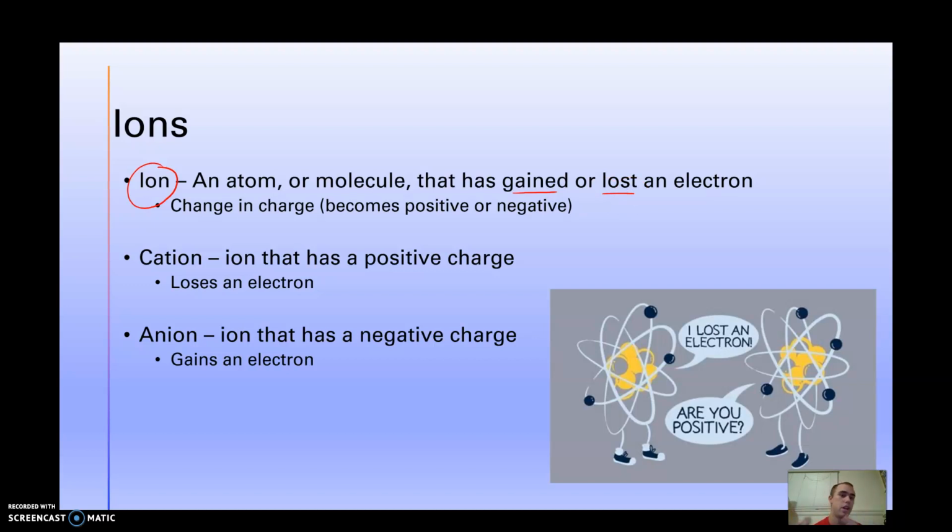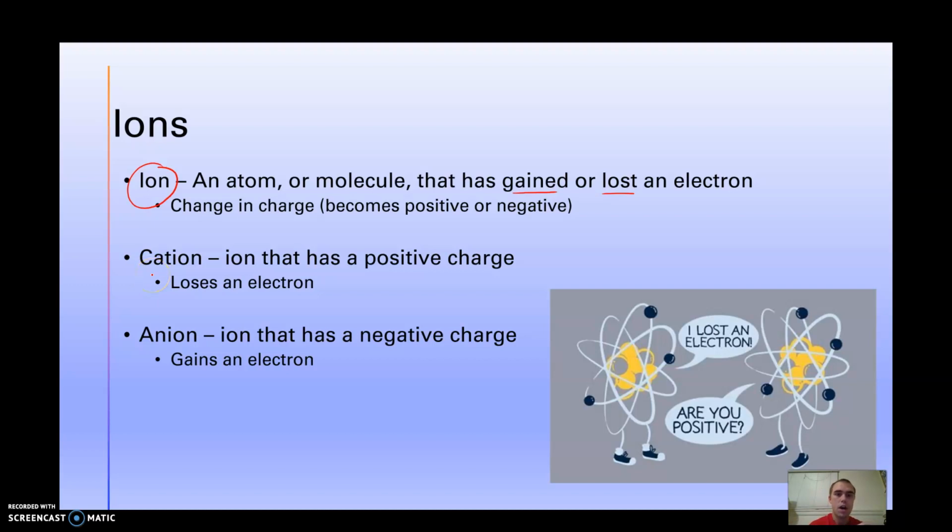If we do that, we change the identity of the atom. Remember from our last unit, the number of protons identifies the atom? So the number of protons always stays the same. We're talking now about electrons. And if we gain electrons or lose electrons, that's going to have an effect on the charge of that atom or molecule.